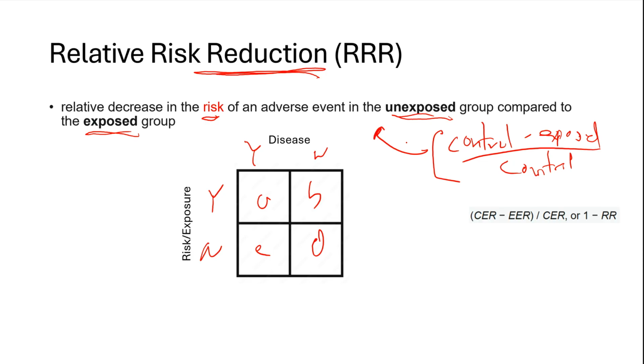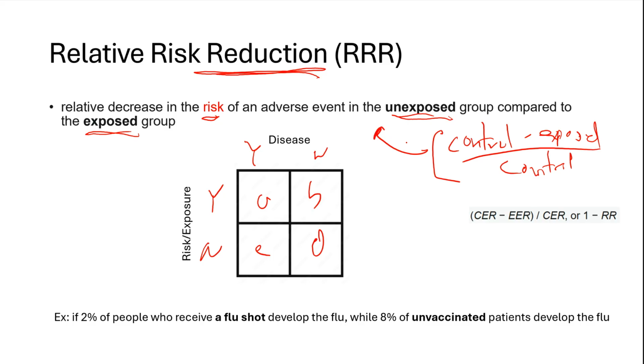So let's calculate this both ways using an example. If 2% of people who receive a flu shot, or receive the exposure, develop the flu, while 8% of the unvaccinated or non-exposed patients develop the flu, what would be the relative risk reduction in this case? Let's calculate it the first way, 1 minus relative risk. I would need to calculate relative risk first.